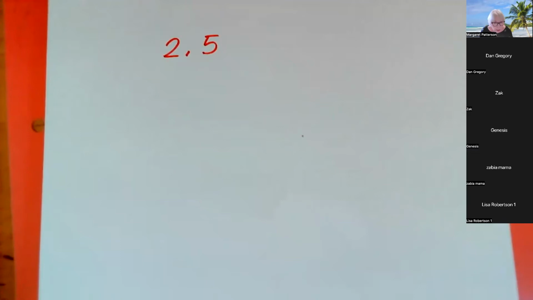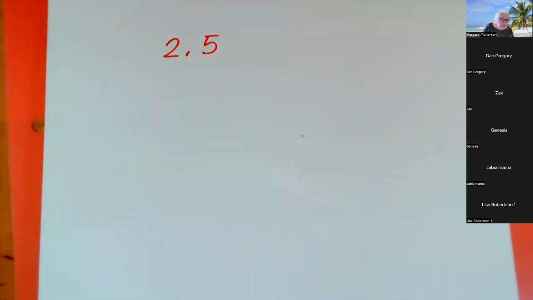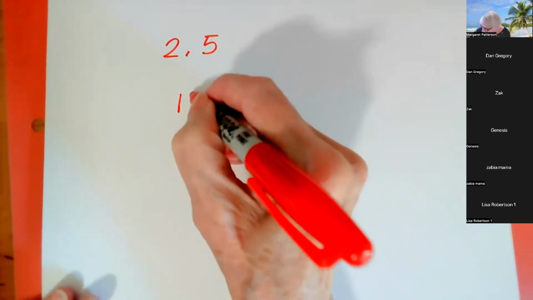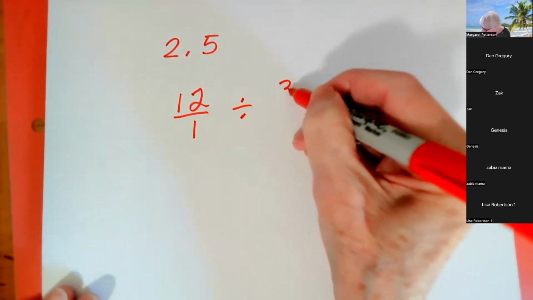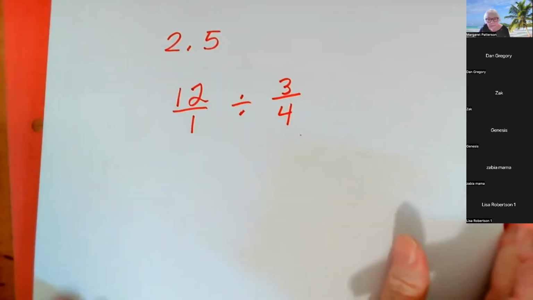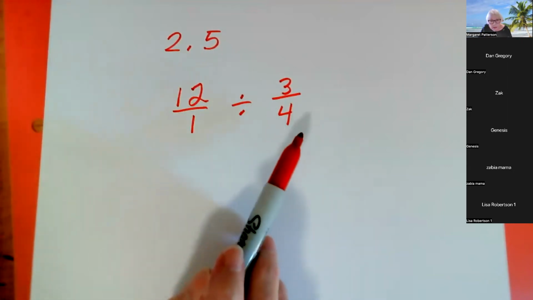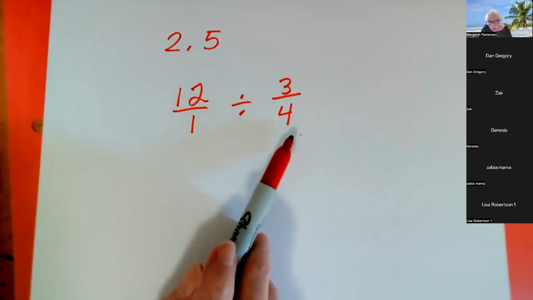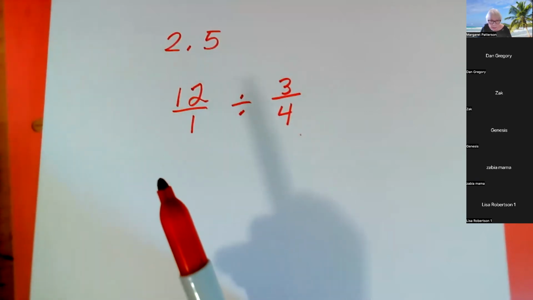I'm going to do 2.5. So 2.5 is about division. And as it turns out, division and multiplication are very close to each other. So if I have 12 over 1 divided by 3 over 4, even though I see the 12 and I see the 4 and I'm thinking maybe I should do something, the answer is no. What I need to do is convert it into a multiplication problem.